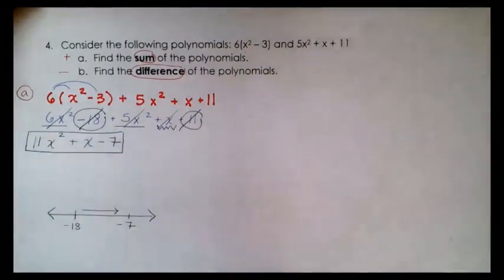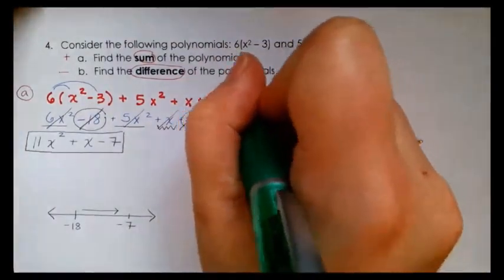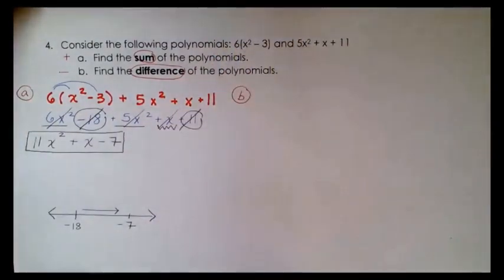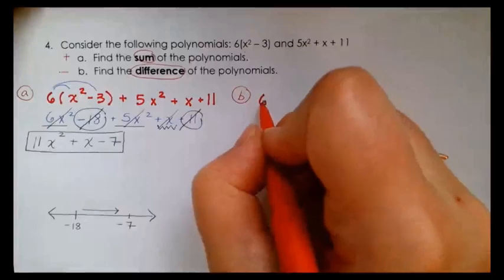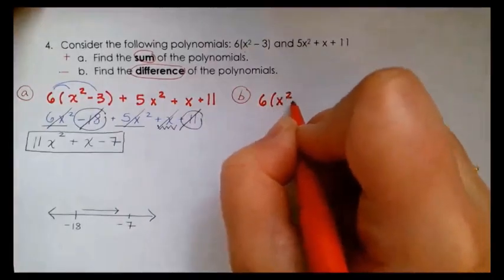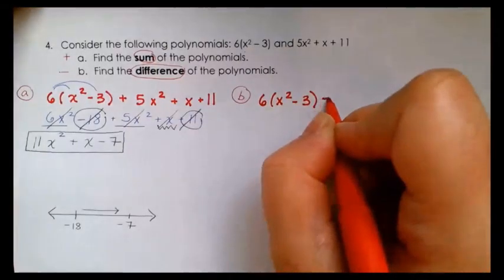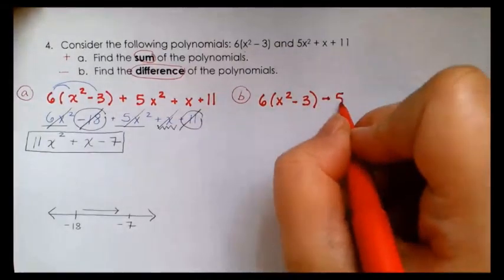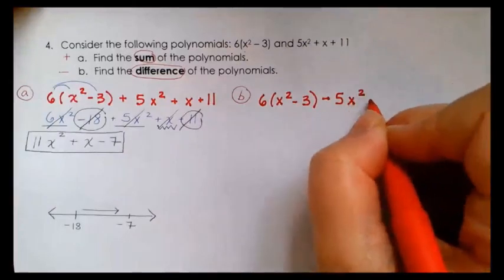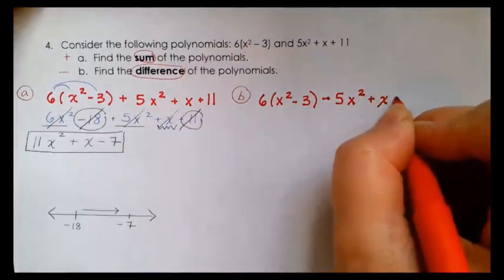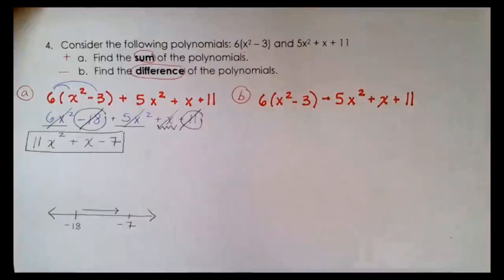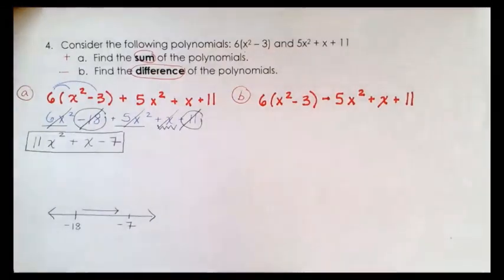Part B. Now we have to take the difference, which is a little bit trickier. So again, I'm going to rewrite 6 times x squared minus 3. The difference means I'm going to subtract 5x squared plus x plus 11. Now, the first step is still the same, but this is the tricky part here.